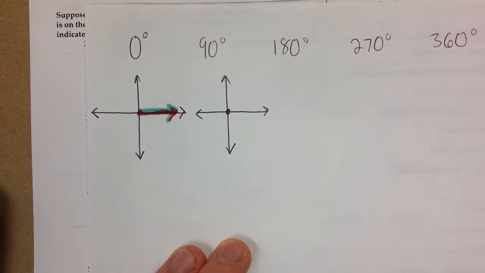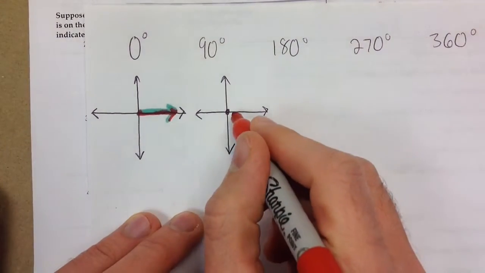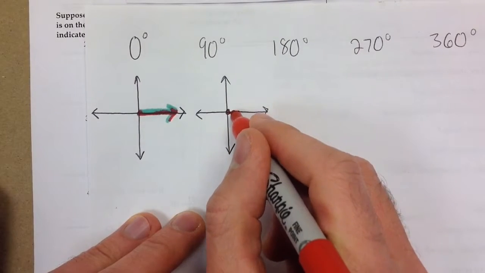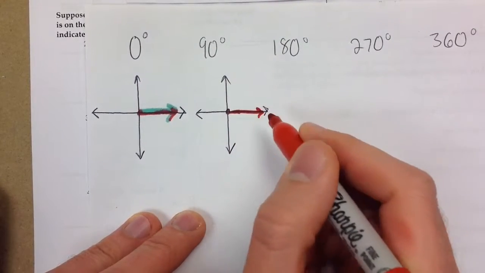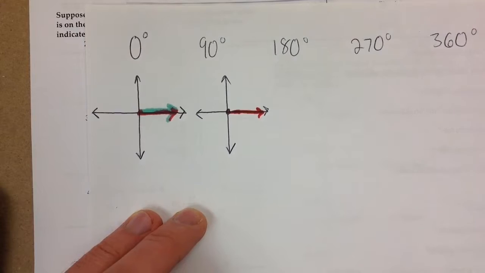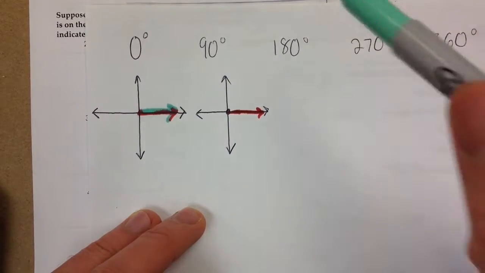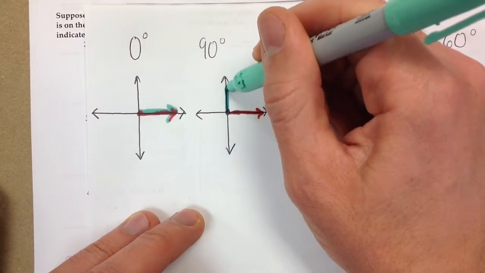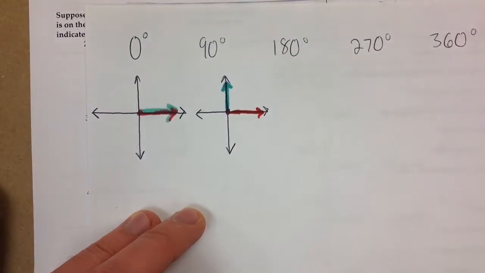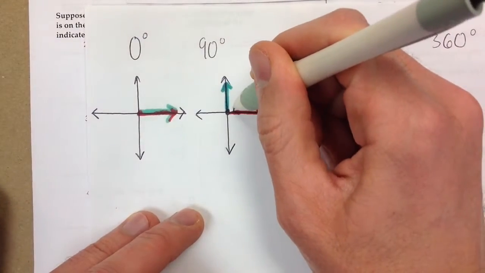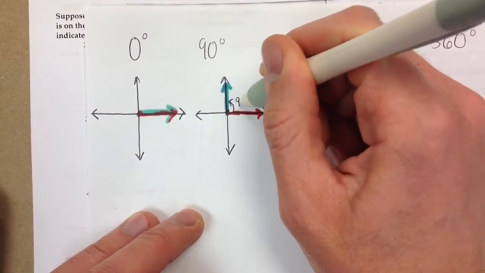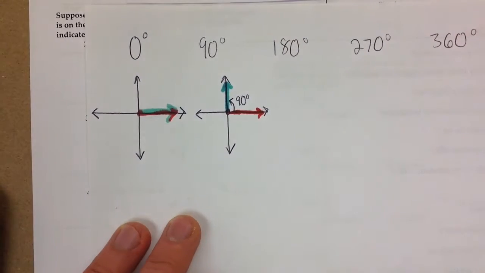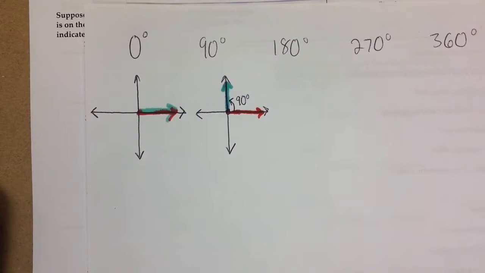And where's the terminal side going to be? The y-axis. Yep, the positive y-axis. And let's put the arc here. That's 90 degrees in standard position. Okay.